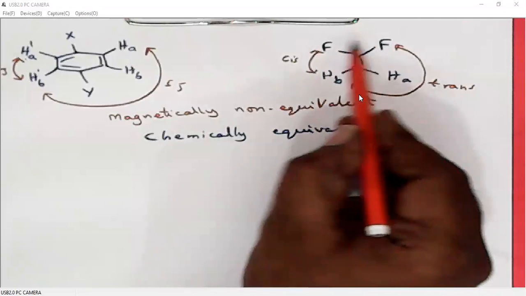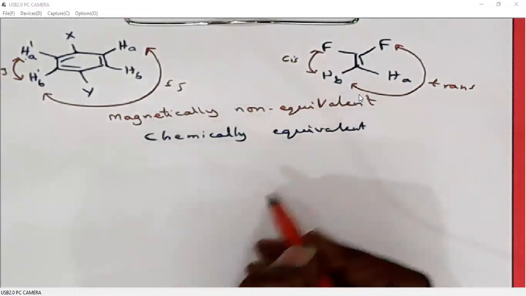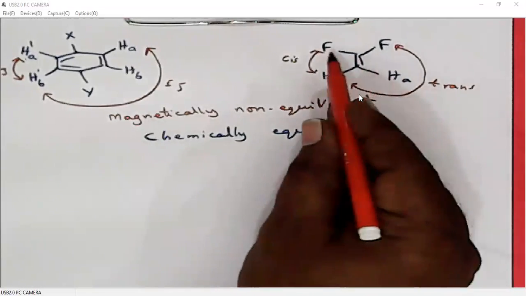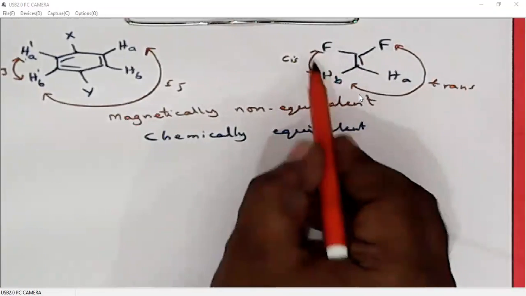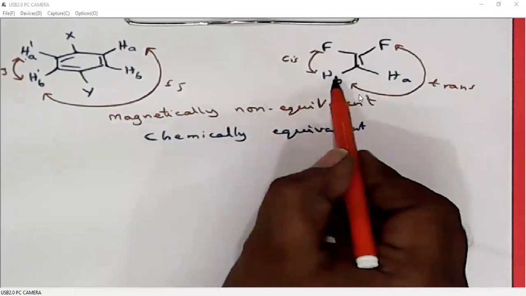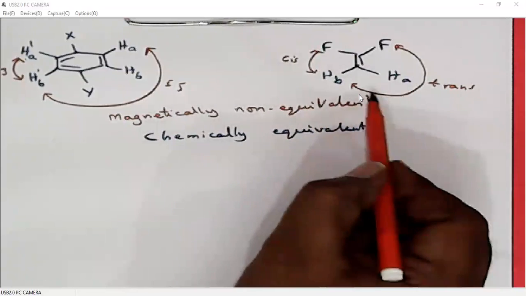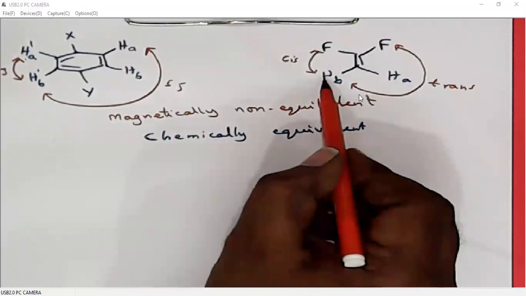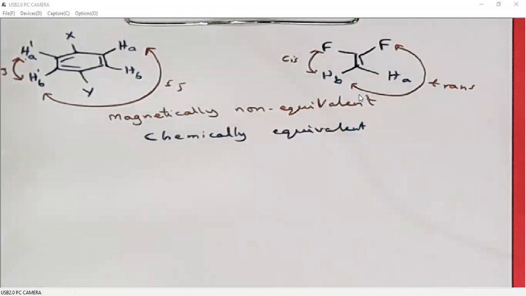Similarly, the fluorines are also magnetically non-equivalent because they expect different couplings with the different protons. So this HB has cis coupling here, trans coupling here. That means this proton is not magnetically equivalent.